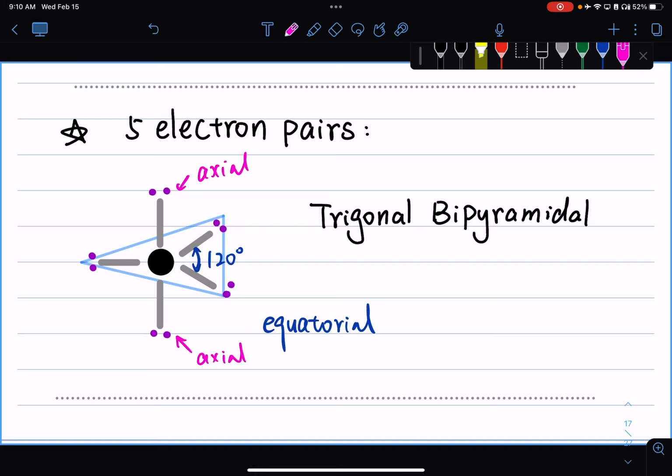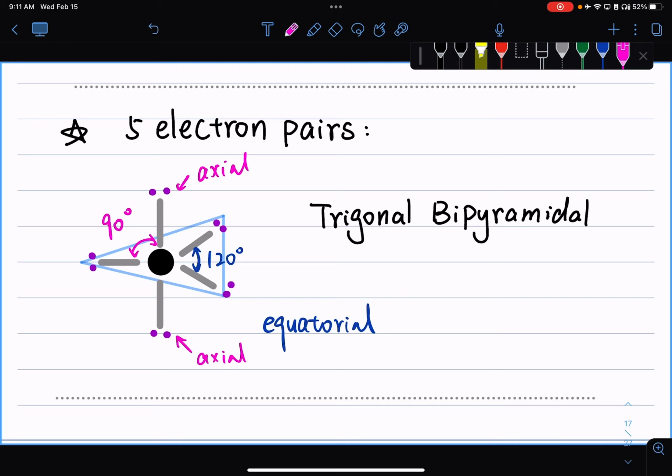And then the bond angle between an equatorial electron pair and an axial electron pair is 90 degrees. With me so far? All right.